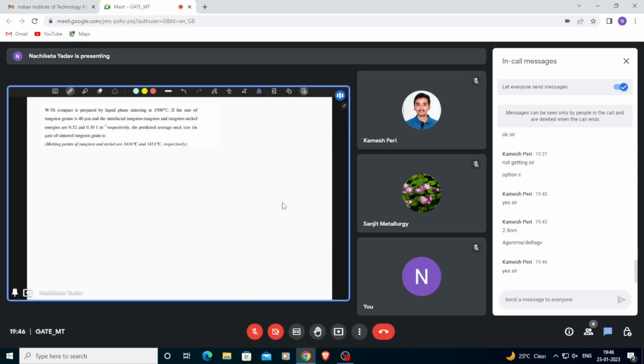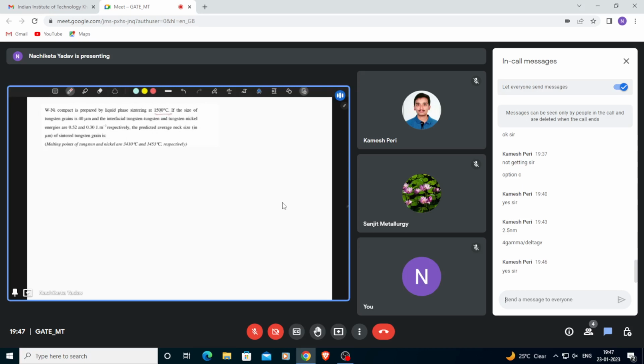Here we have to find the neck size. A tungsten nickel compound is prepared by liquid phase sintering at this temperature.